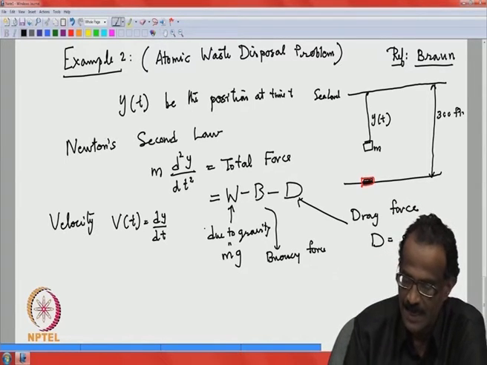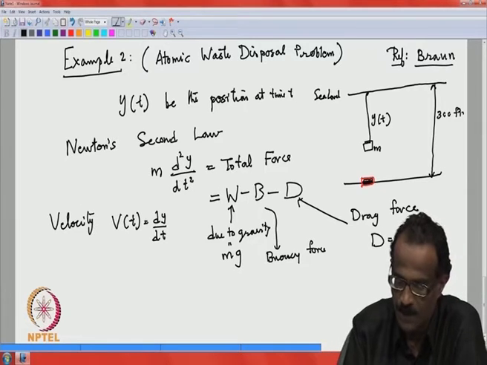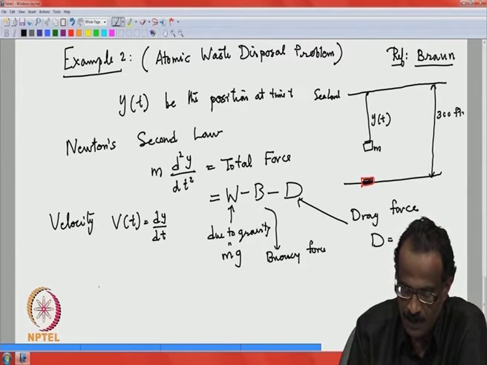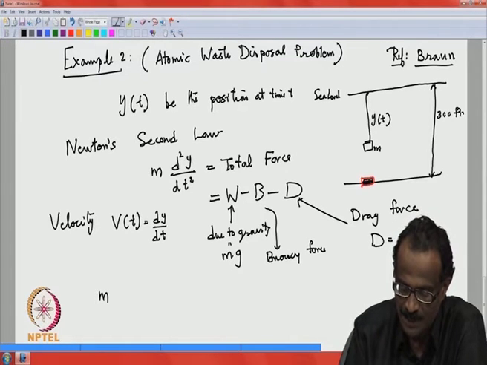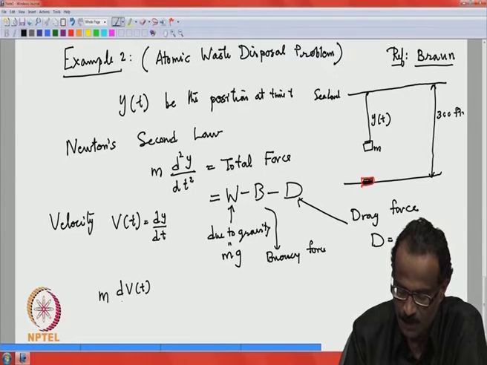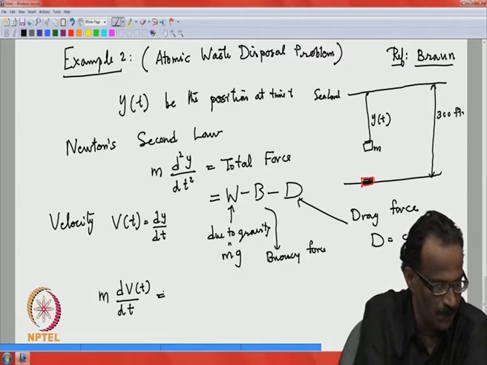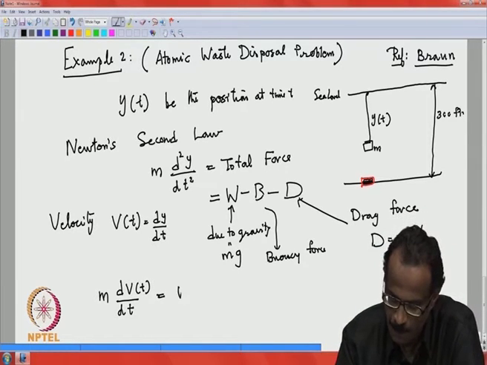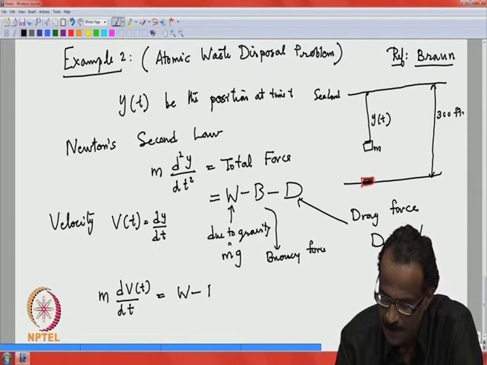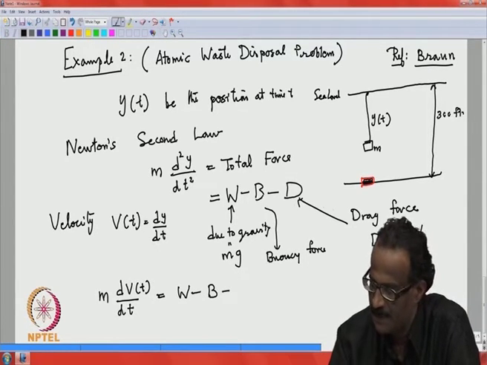If I combine these equations fully in terms of V, instead of the second order equation I can write a first order equation in terms of the velocity. So, m dV by dt is equal to the total force. What is that? W minus B minus C V.